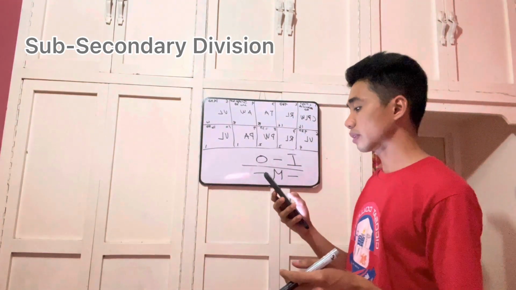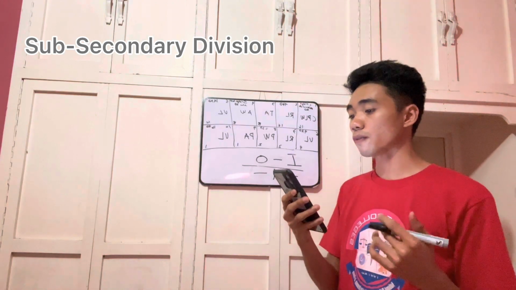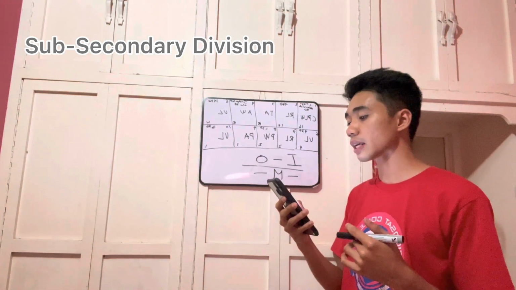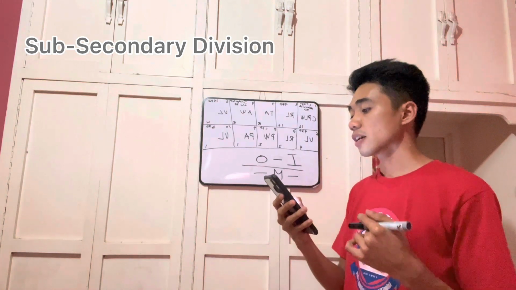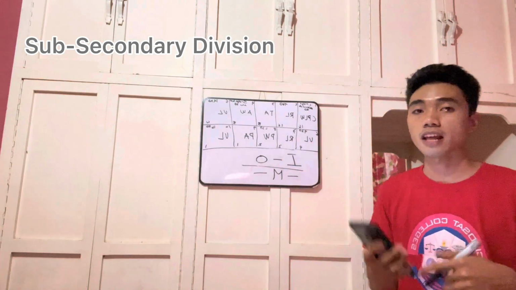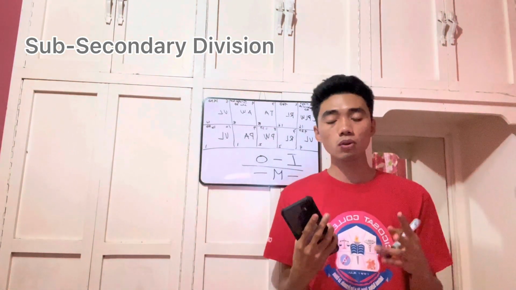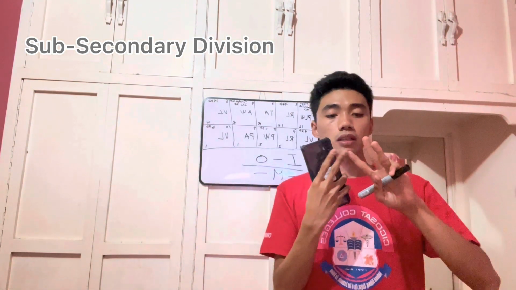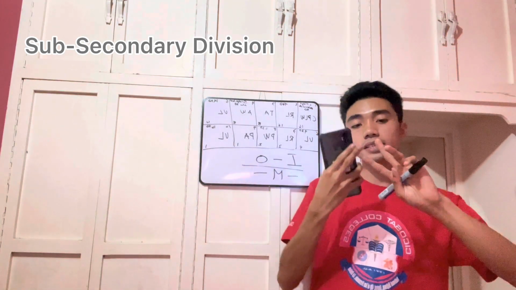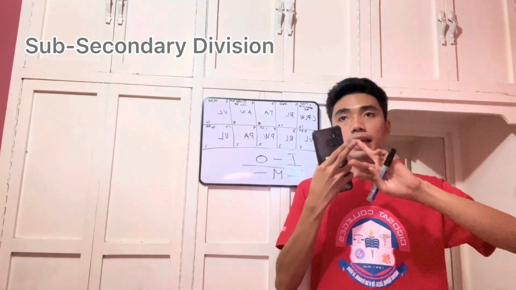Subsecondary division is done by ridge counting of loops and ridge tracing of whorls appearing in the index, middle, and the ring finger of both right and left hand. So, we focus now on our fingers: index, middle, and the ring.